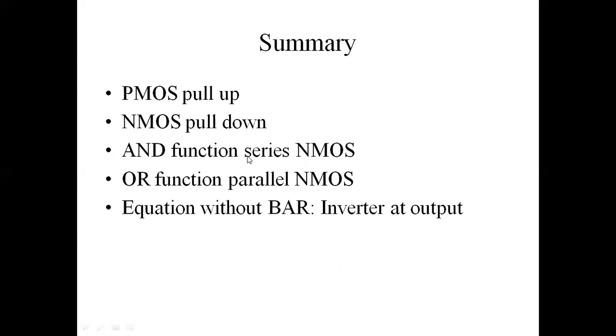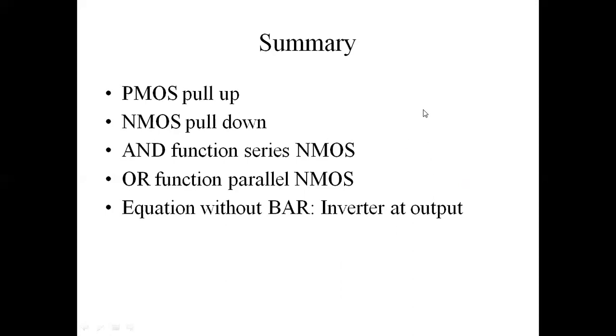For an AND function we use NMOS in series, and for an OR function we have to connect the NMOS in parallel. So this is the example for the logic equation, or Boolean expression, with bar, and for the equation without bar we have to add the inverter at the output to invert the action.